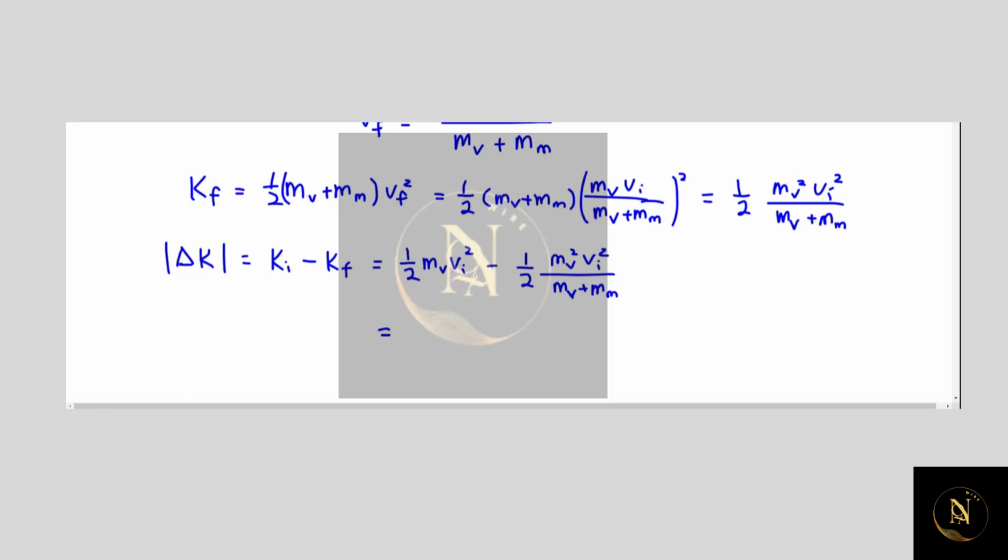Then you can take out the common factor, half v_i squared, and you have m_v minus m_v squared divided by m_v plus m_m. You simplify and you get m_m times m_v divided by m_v plus m_m.